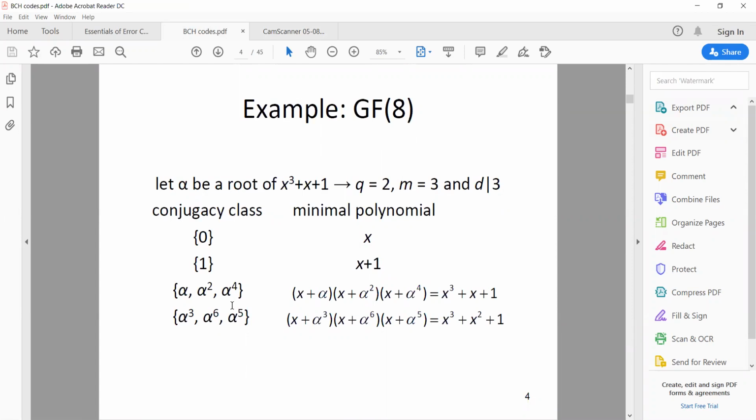When the degree is 3, the possible polynomial equations are x plus 1, x cube plus x plus 1, and x cube plus x square plus 1. These are the possible polynomials, and these are the corresponding roots of these polynomial equations.